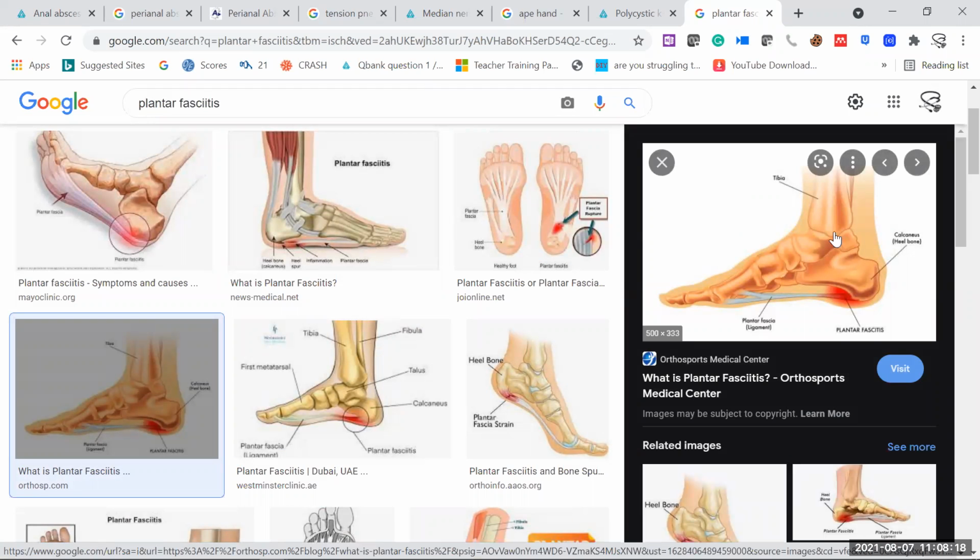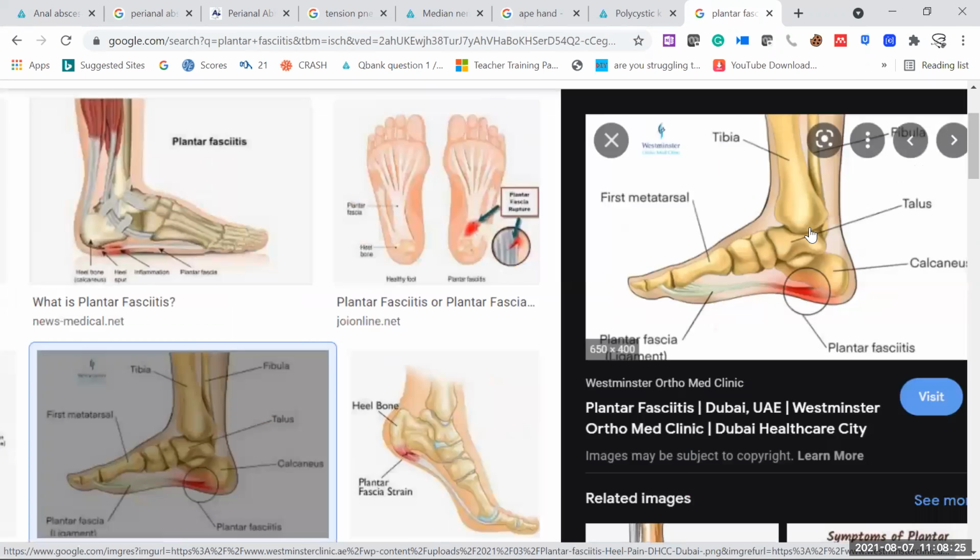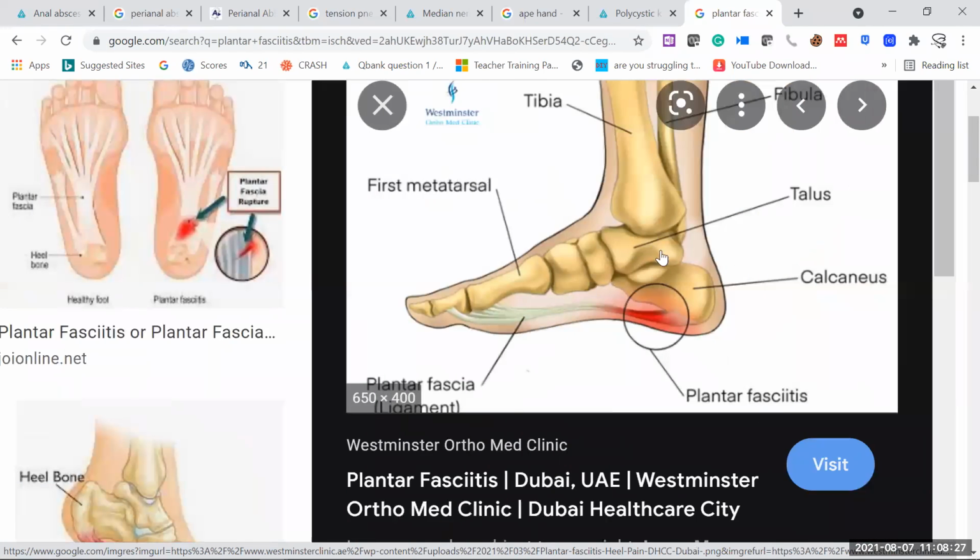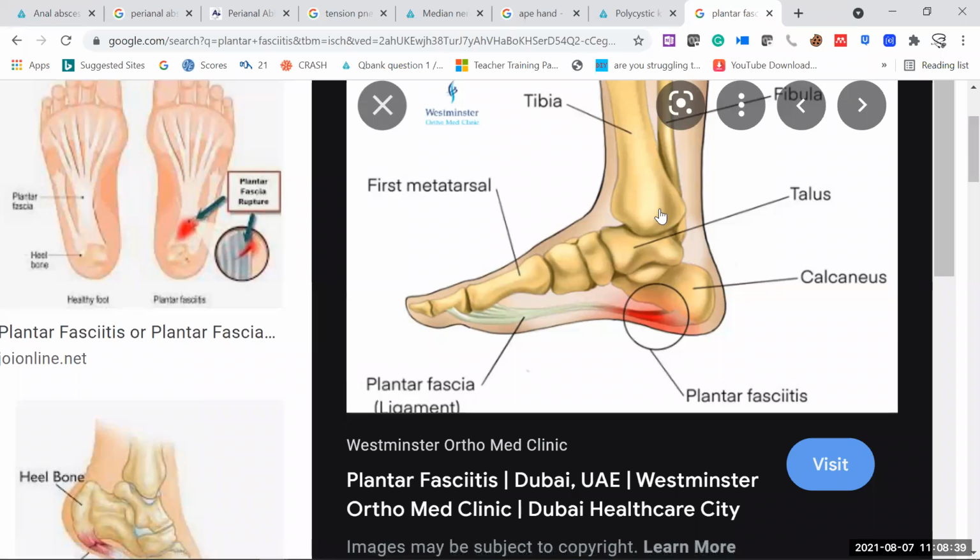Talus is in front and calcaneum is behind. See, this is talus and this is calcaneus. So here, if you see plantar fasciitis, this is the fascia, and the tibia and fibula are attached with the talus. Exactly, the head of the fibula.